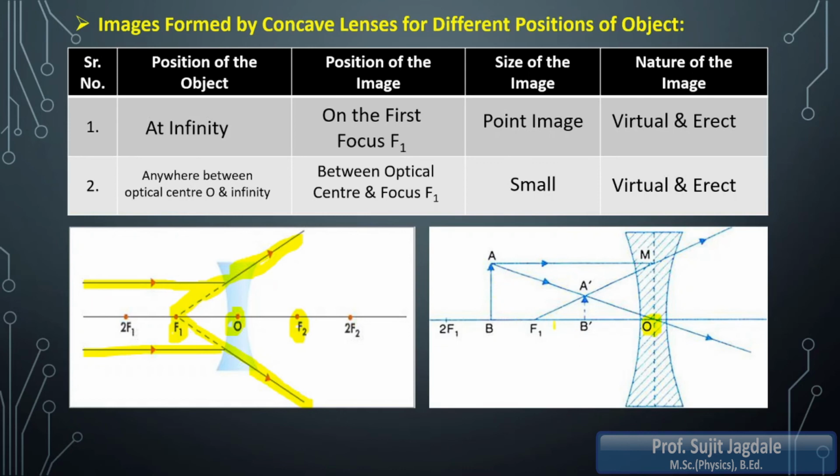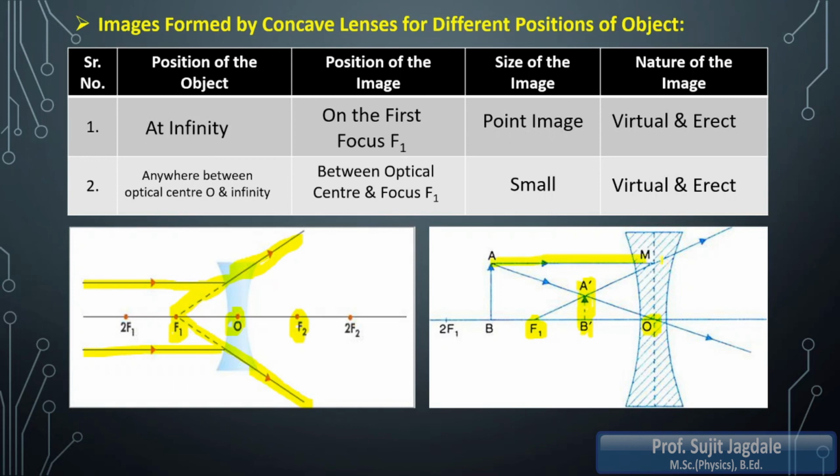So the image is obtained between f1 and O, that means between focus f1 and optical center O. We got the image between those two points, and again it is virtual and erect, that means upright and vertical.